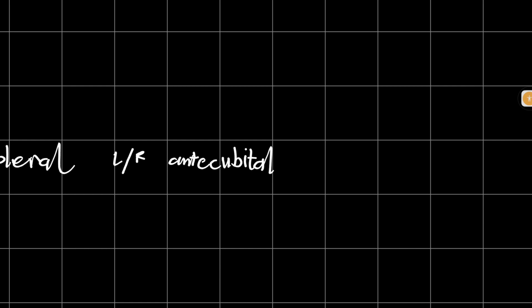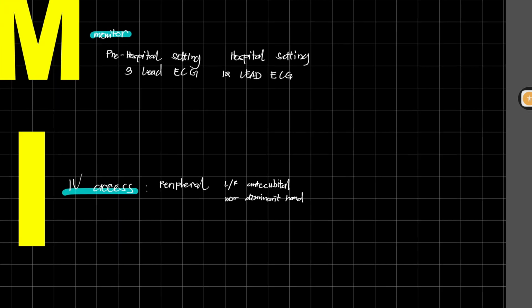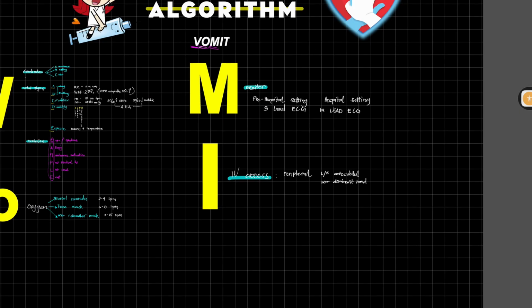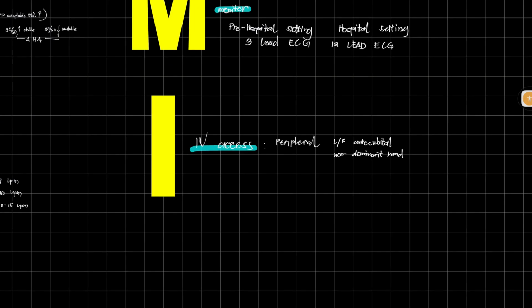The biggest vein, which is preferably your right or left antecubital, of your patient's non-dominant hand. Naaalala nyo si Kushir? Sinabi niya ito doon. Non-dominant hand. Alright. So, we're done with your pre-arrest setting actually.